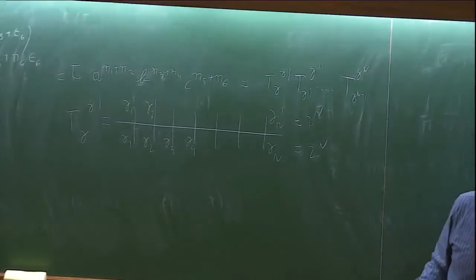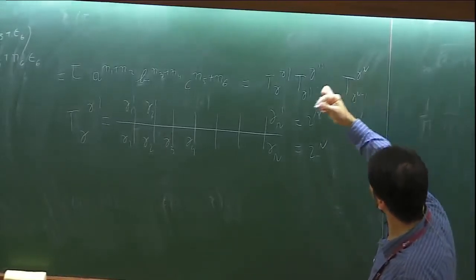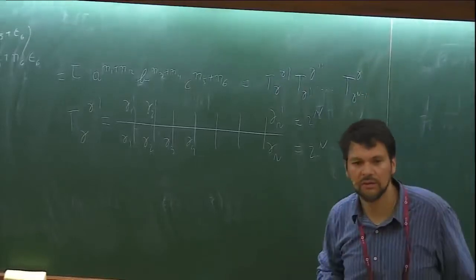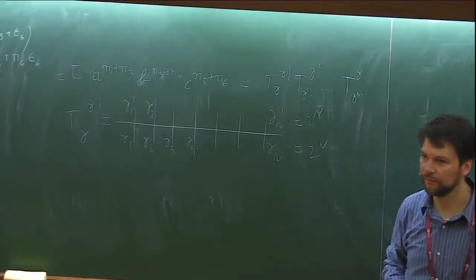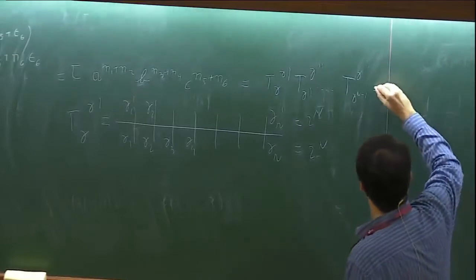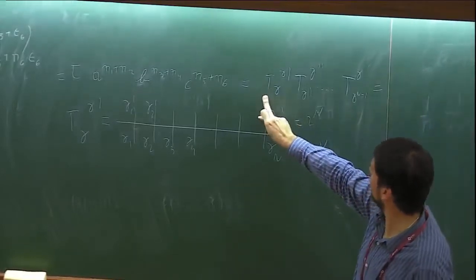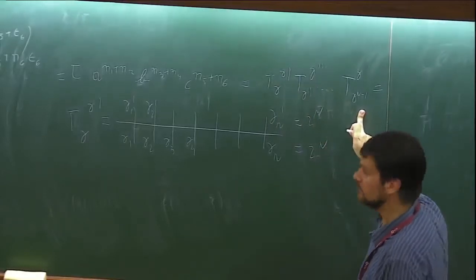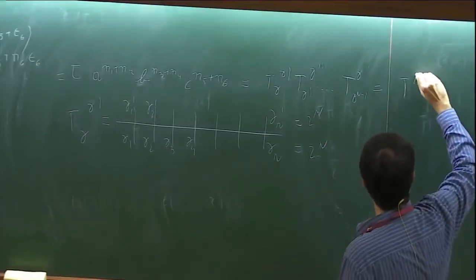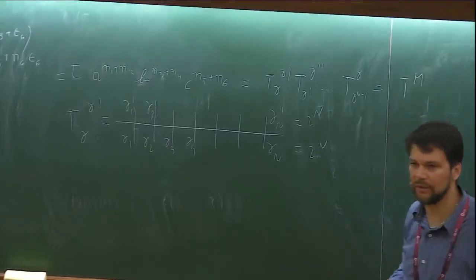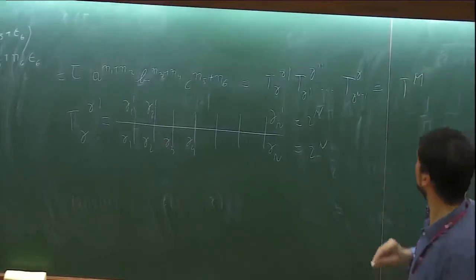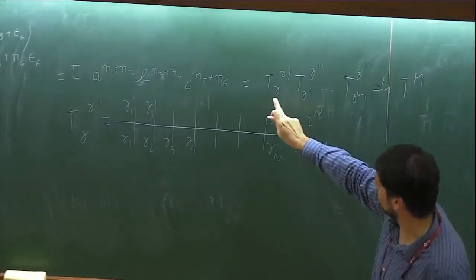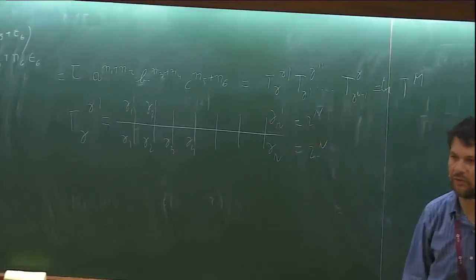And then if I impose periodic boundary condition, I want this to be equal to this one. And so I write it like this. So if you think of these as matrices, this is a standard matrix multiplication rule. So this is T to the m, where m is the number of rows that I have. And finally, I take the trace to make sure that my initial and final configurations match.